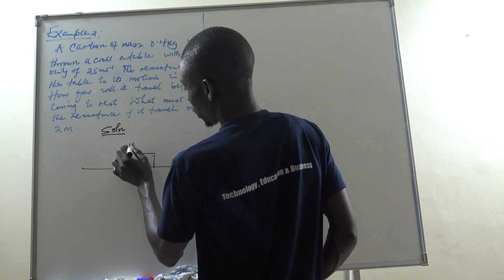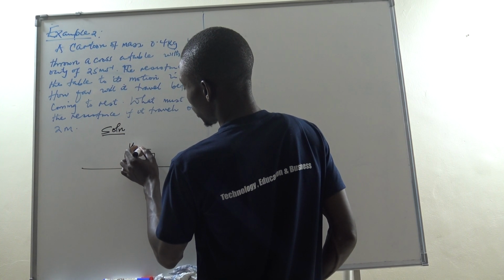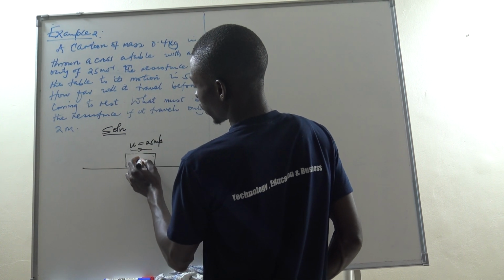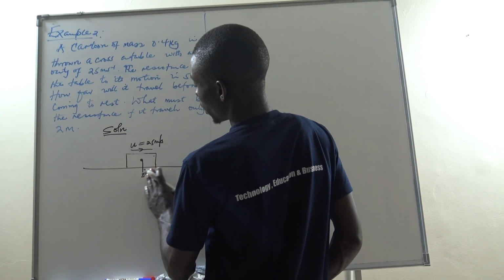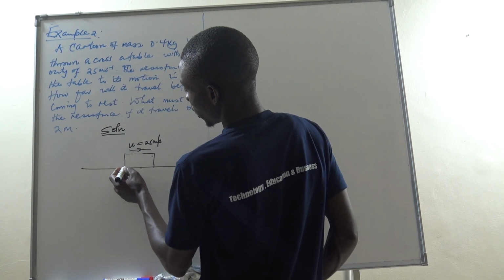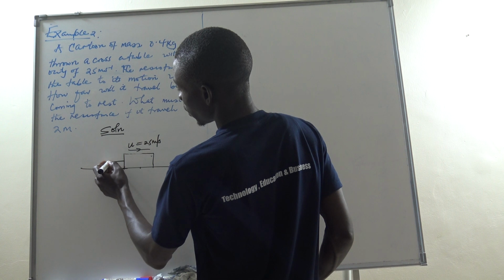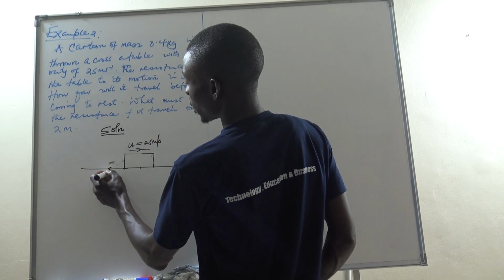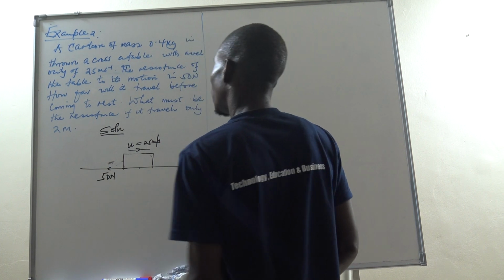The velocity that it was projected with is 25 meters per second. It has a weight, but these are not so relevant forces. So the resistance to the motion, maybe say frictional resistance, is equivalent to 50 newton.